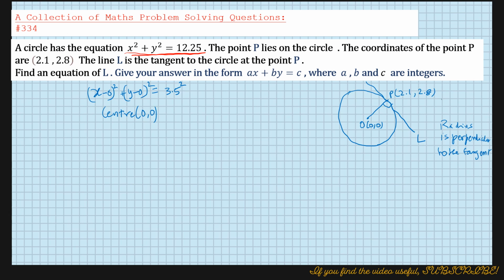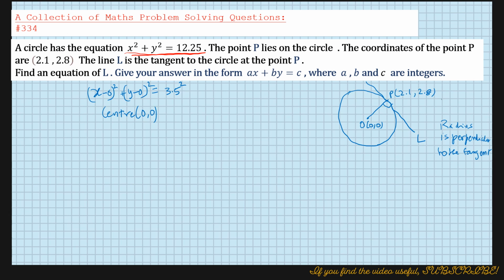So if I find the gradient of OP, then I should be able to find the gradient of line L, because the product of the two gradients or slopes should be −1 since the lines are perpendicular.